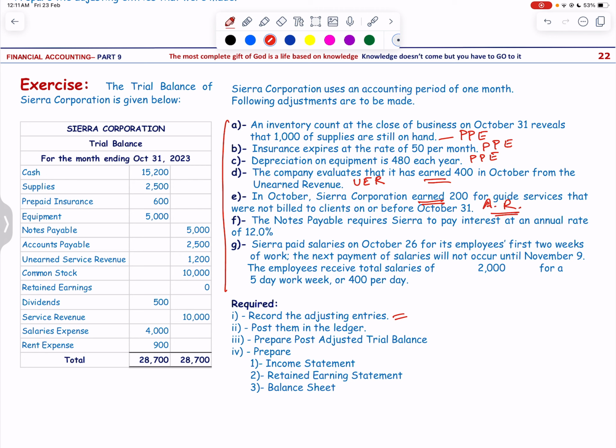The notes payable require Sarah to pay interest, and they have not paid, so this is an accrued expense. They are also not paying the salary here. That is also an example of accrued expense.